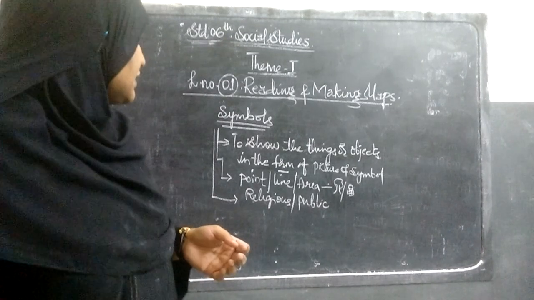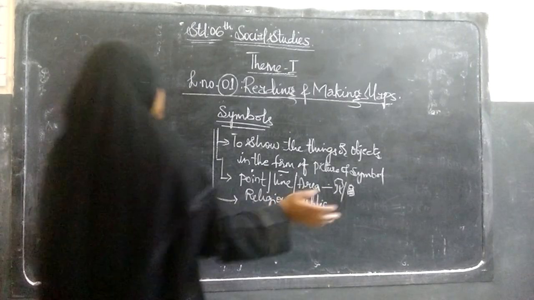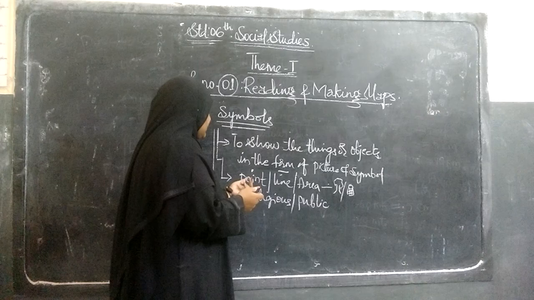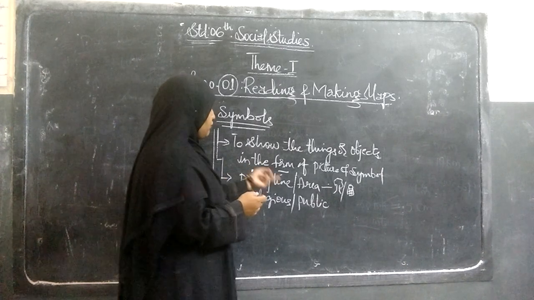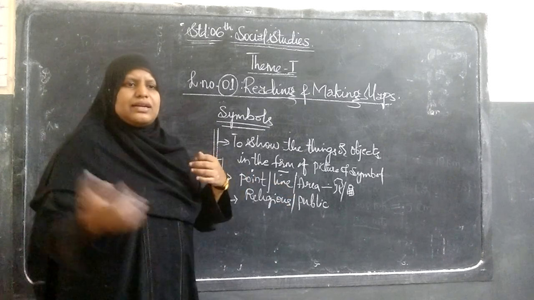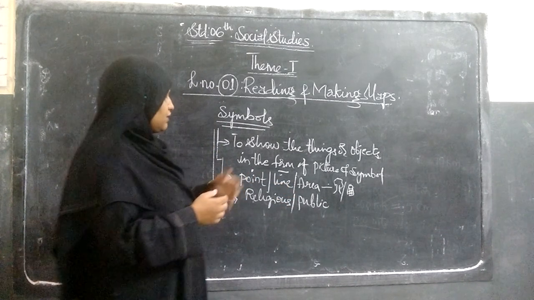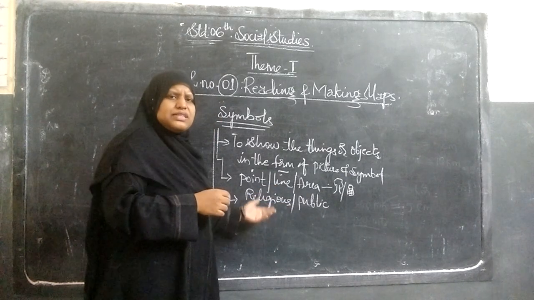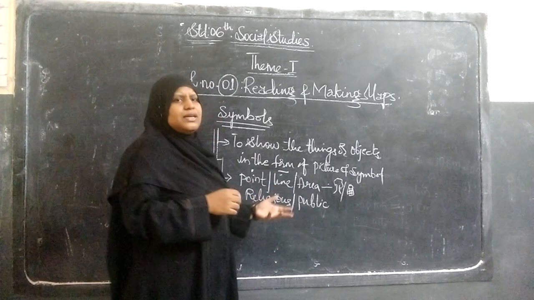Regarding symbols, we use symbols in short form on the map as well, either in the form of a point, in the form of a line, or in the form of areas like trees and water bodies, and for religious places and public places. Religious places means symbols of a church, mosque and so on.